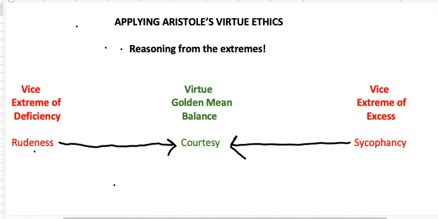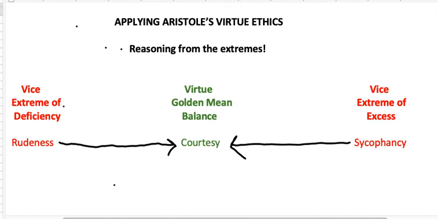Once I have defined these 2 character traits and talked about how someone might reflect these character traits within a particular context, the idea is that I then have an idea of what it might mean for someone to reflect courtesy. So paragraph 3 will focus on a vice or extreme of deficiency. Paragraph 4 will focus on vice on an extreme of excess.